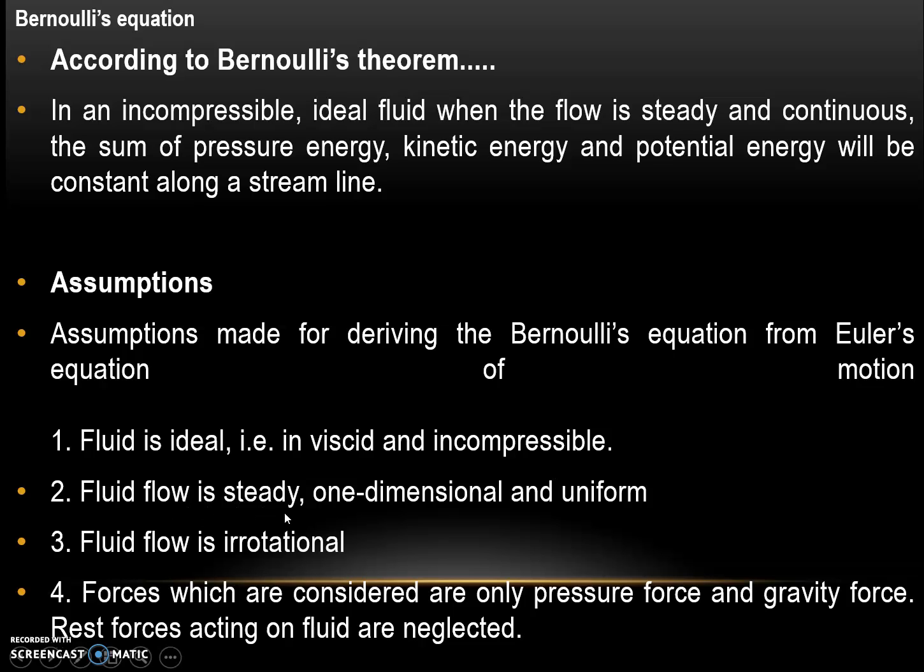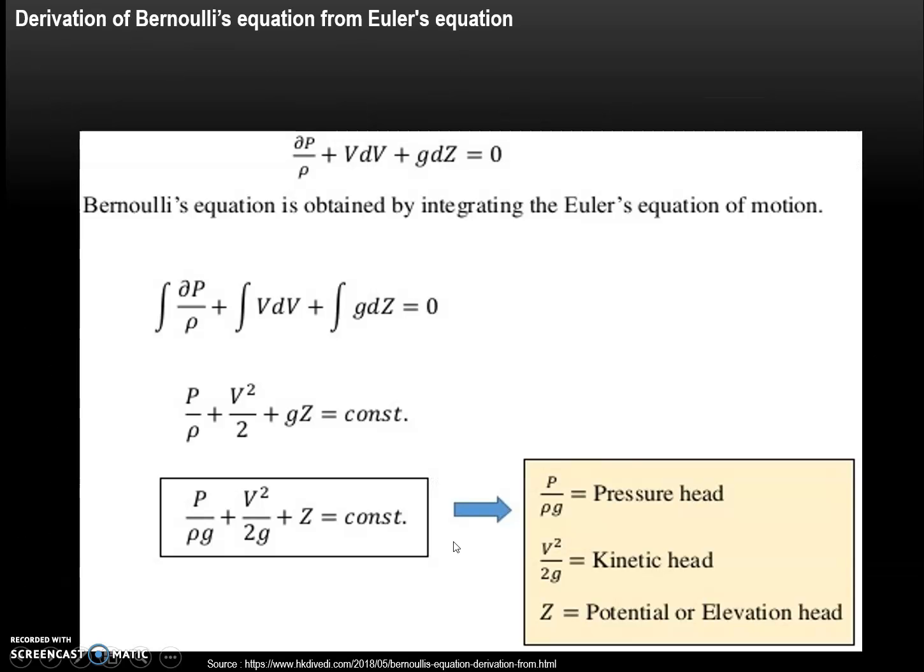Fluid flow is steady, one-dimensional and uniform. And the third assumption is that fluid flow is irrotational and the forces considered are only the pressure force, that is Fp, and the gravity force, that is Fg. The rest of the forces acting on the fluid are neglected.